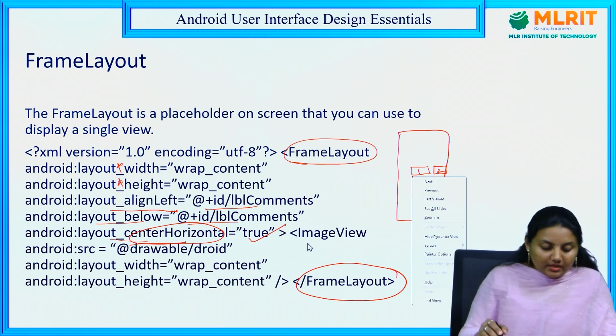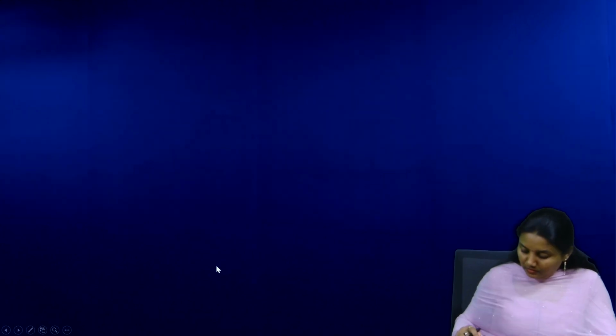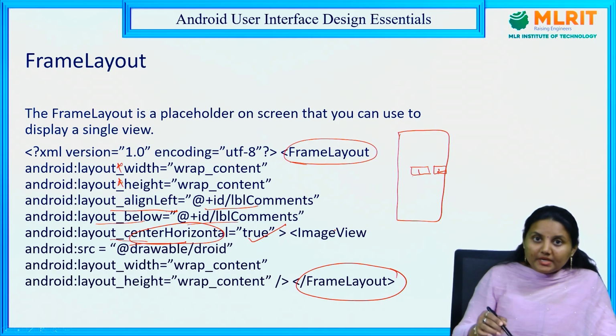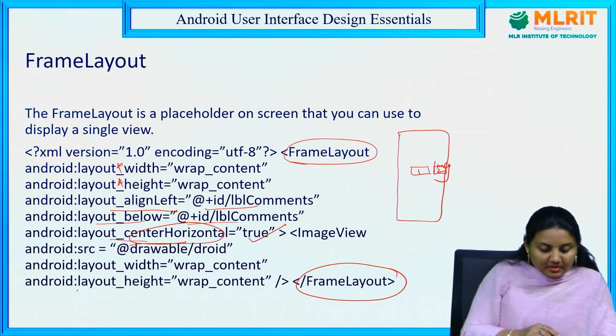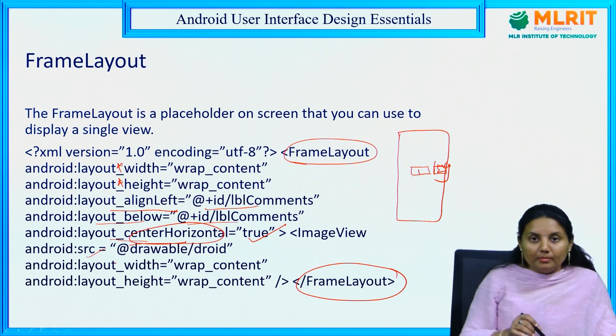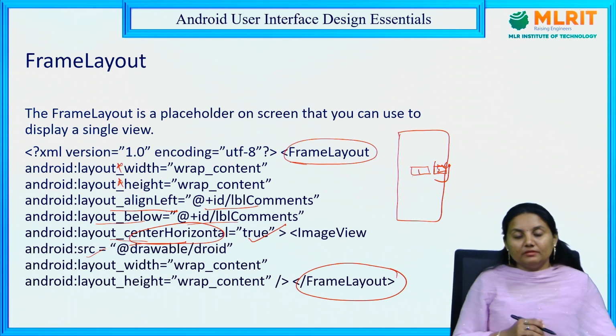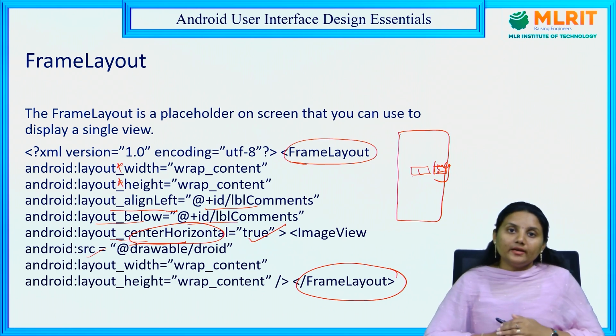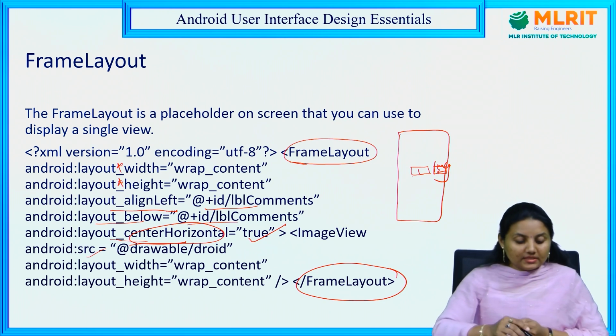Okay, then we are giving an image view. Image view is again a component that we are using to display the image. Here you are getting the image tag. Then for the image also we are giving the source in the drawable folder in resources. Like we have discussed the anatomy of Android Studio in the previous sessions, if you go to the resources, you can see the drawable folder.